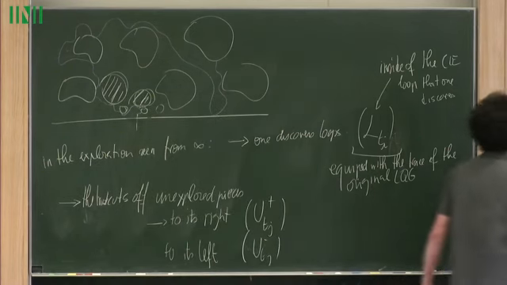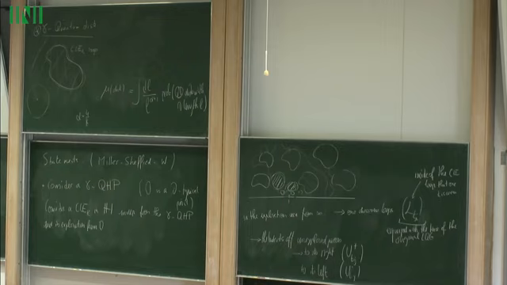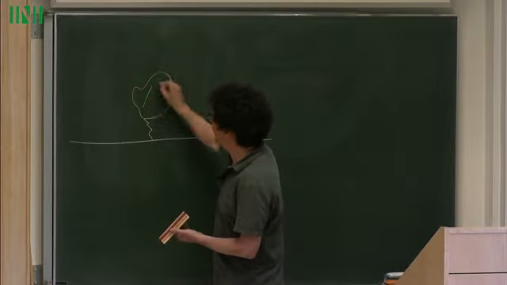The picture is just, you're exploring here, and if I discover a loop here, this is going to be one of the L's.